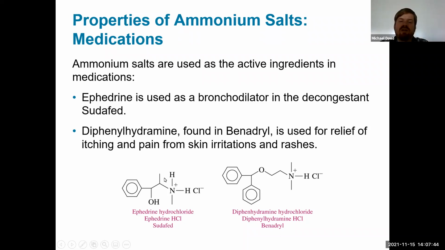Again, both of these have amines in them, but they've been protonated to form ammonium salts. So this is ephedrine HCl, and this is diphenhydramine HCl. Again, you see the -ine here, which tells you that there's an amine involved. And then plus the HCl means that it's the ammonium salt of the amine.